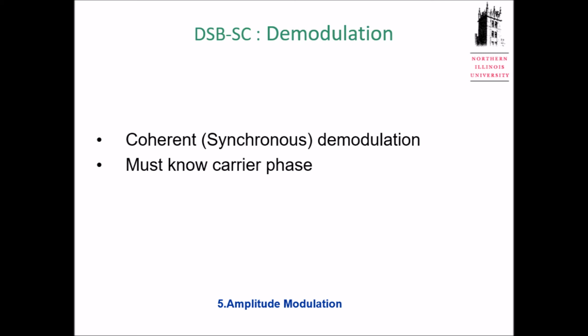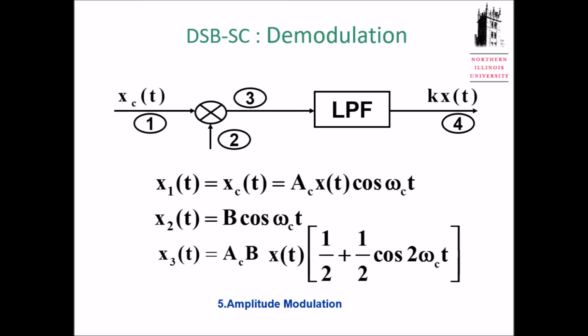So let's look at the block diagram and go through each step. This is the block diagram at the receiver side. This is my modulating signal, right? It goes into my receiver. Step 1 is a mix with a signal.